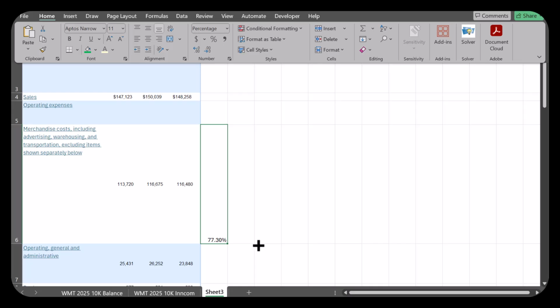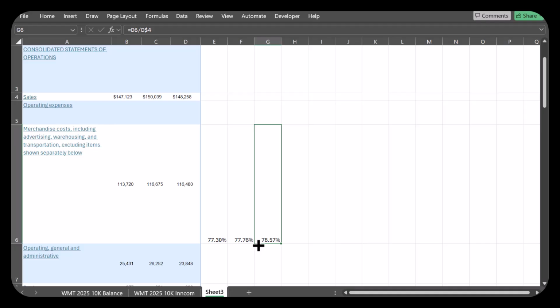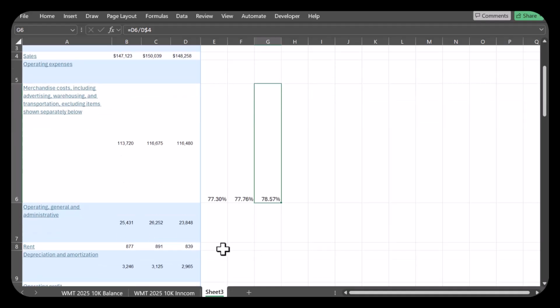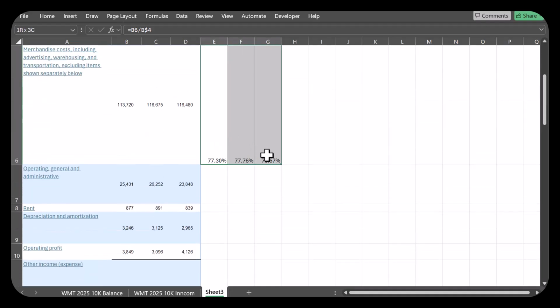So if you only looked at dollar profit numbers and say, "Oh, Walmart is doing so great," not necessarily. Per dollar of sales, how are they doing? That is the main purpose of common size financial statements.